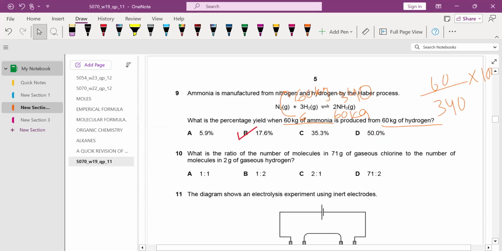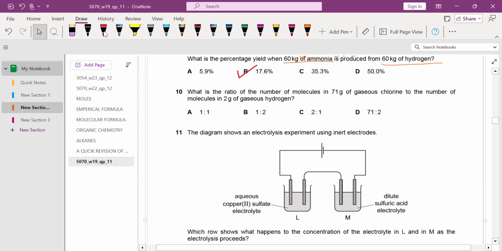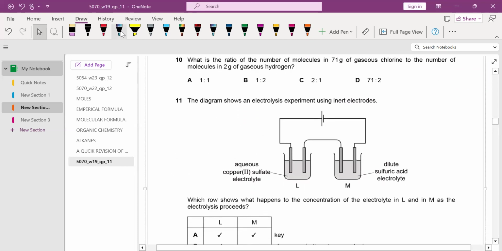Then let's move towards question number 10. What is the ratio of the number of molecules in 71 grams of gaseous chlorine to the number of molecules in 2 grams of gaseous hydrogen?